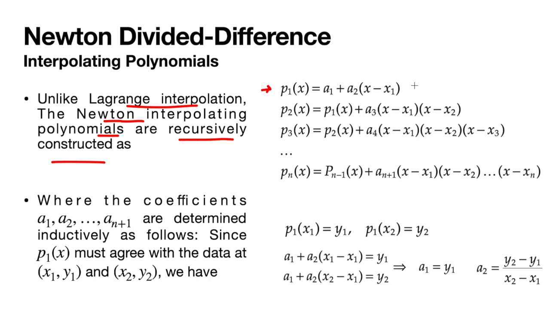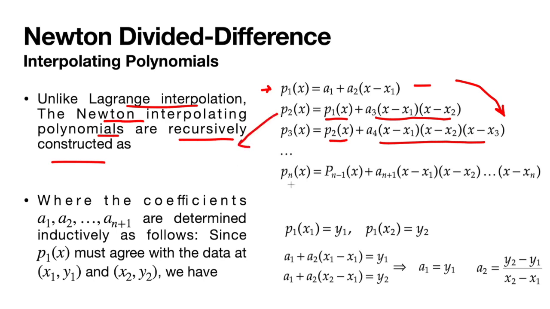The first degree polynomial is this, and the second degree polynomial uses the first degree polynomial with the addition of one term, and similarly the third degree polynomial uses p2(x) with the addition of one term. This is the recursivity mentioned here.